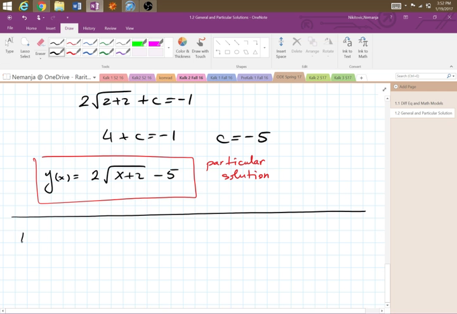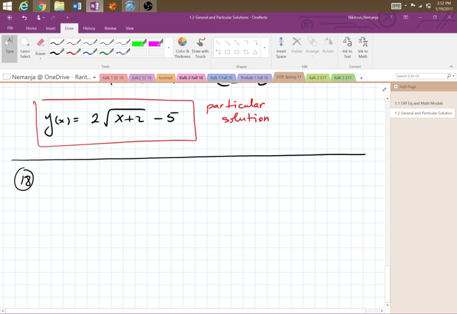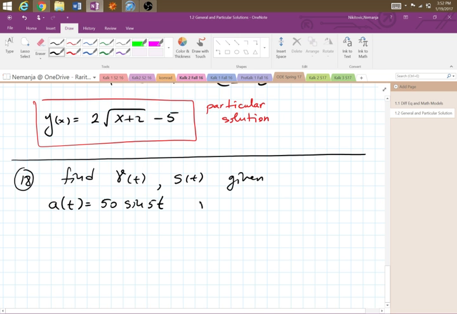All right, here is the next wonderful example for you to enjoy. Find velocity function and the position function given a of t is equal to 50 sine 5t with v0 being negative 10, and well, let's say s0 equals 8.